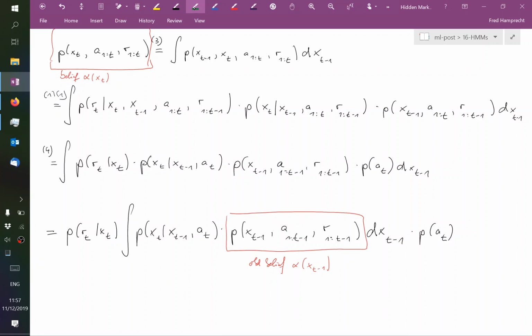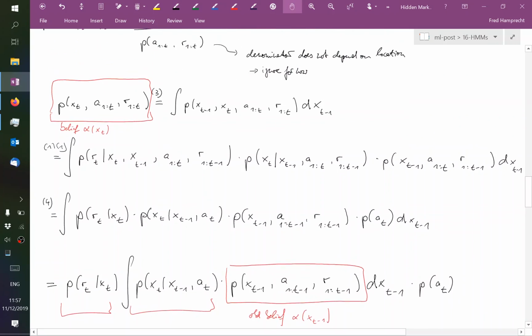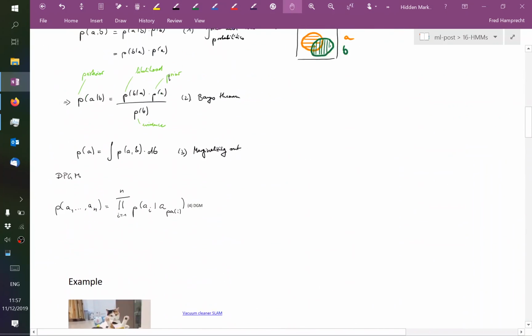Now, I would like you to try and say in words what these other two terms are. So let's start with this one maybe. The probability of being at location xt, given that we were at a location xt minus 1, and given some action that we have performed. So I'm taking you back to the diagram that we had here.